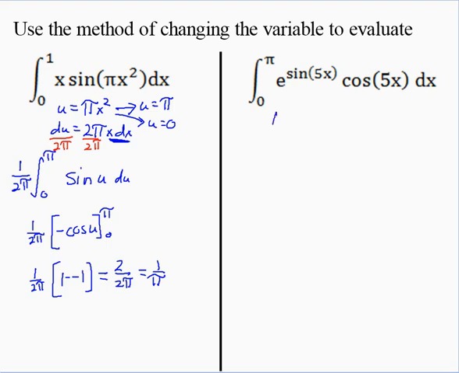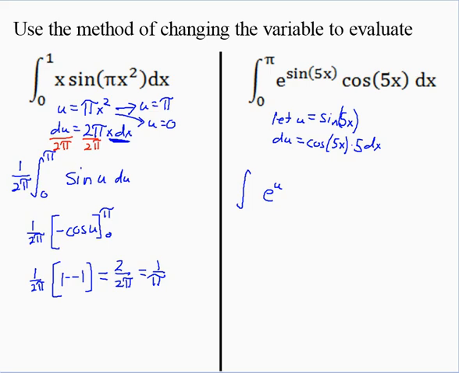So let's go ahead and let u equal that exponent up there, so sine of 5x. We know we need to find du. Well, the derivative of sine is cosine of 5x, and then we can use the chain rule, so times 5 dx. We go to do our substitutions, so we know we're doing e to the u power, cosine 5x dx.